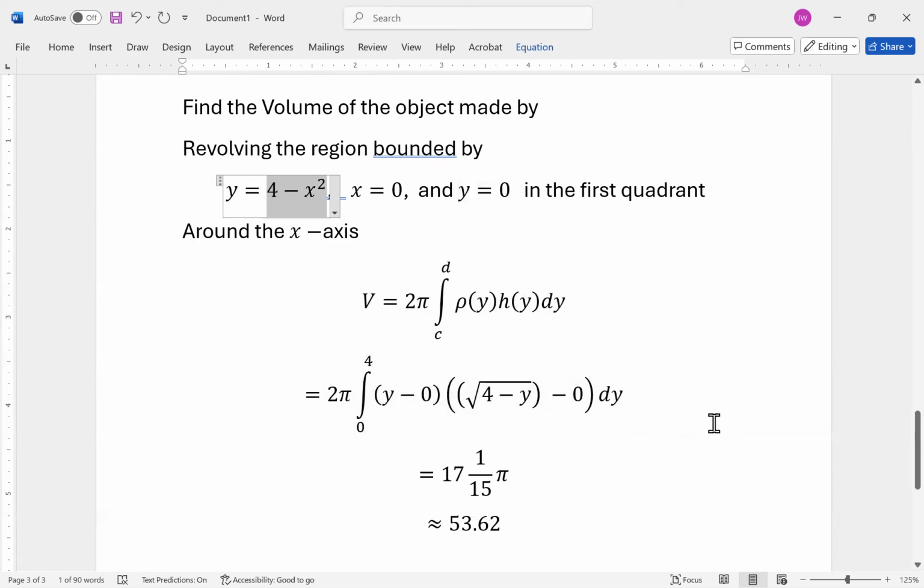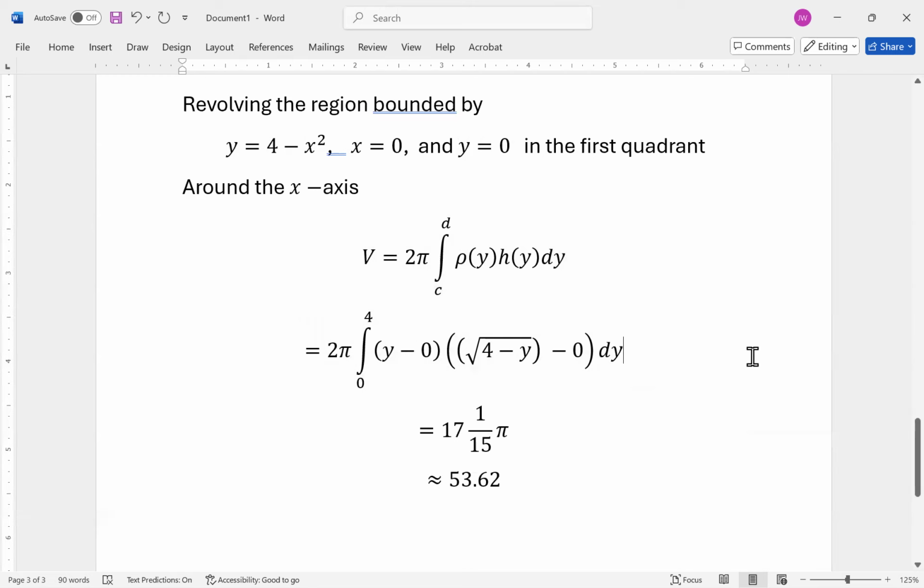So the height, again, of this one. But we were integrating with respect to x when I was using the disk method. Now, when we use the shell method, since we're dealing with a horizontal line, we're integrating with respect to y. Getting the same answer either way, but just taking a different path to get that answer.